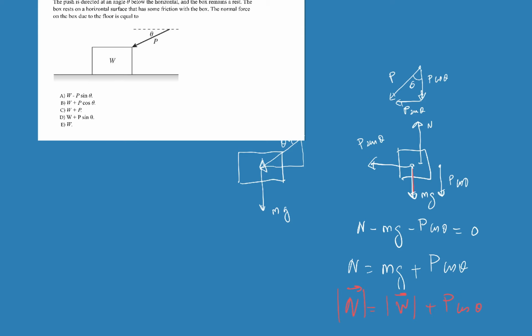So I need the same amount of force going to the right as going to the left, otherwise there is no equilibrium. Also, I need the same amount of force going up as going down on the object.